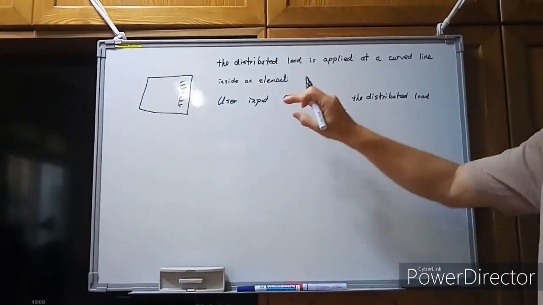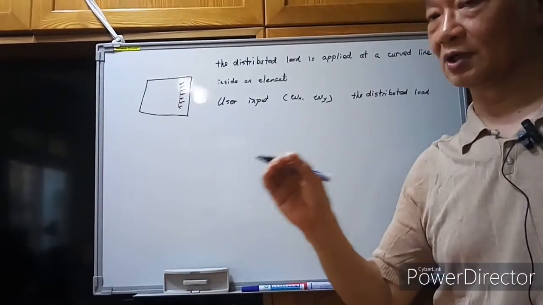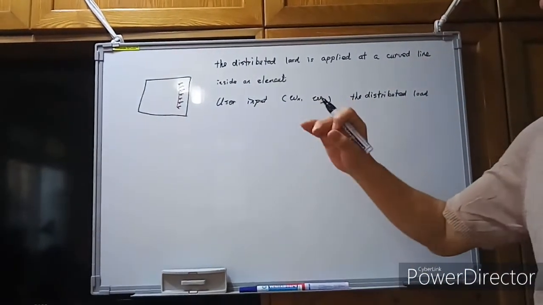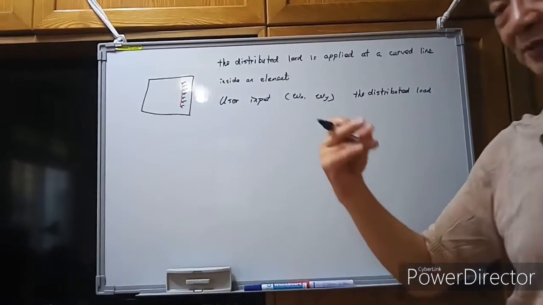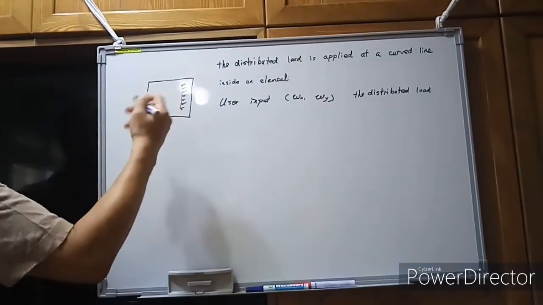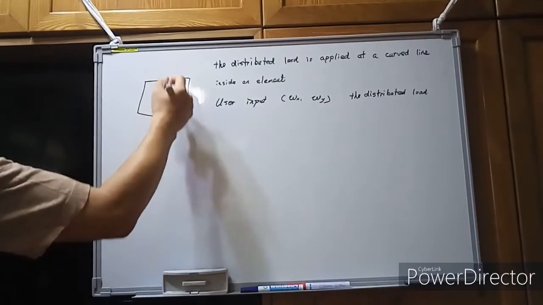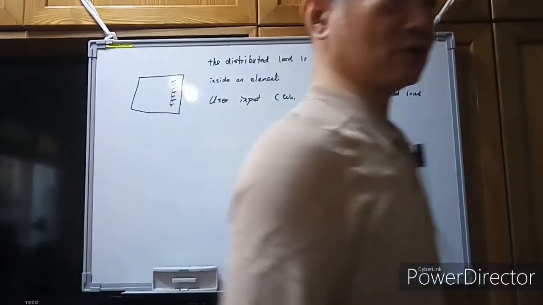The Wx is the component of the distributed load along the x direction. The Wy is the distributed load along the y direction. And then you can think, how can we ask the user to describe the curve line?